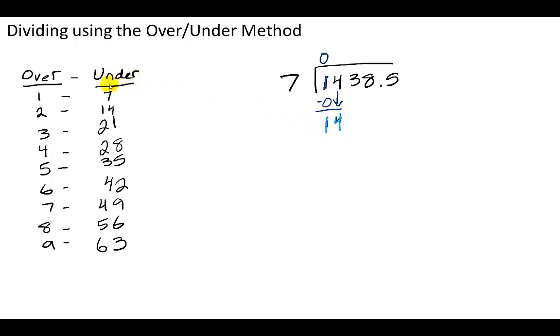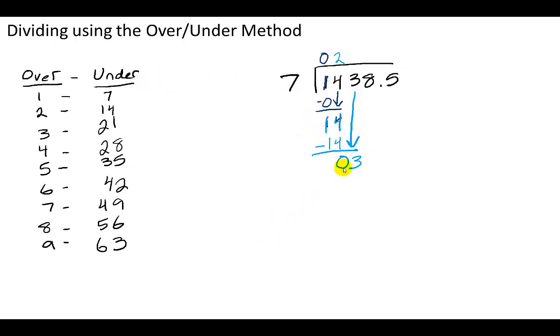So looking here, where do we hit 14 or less? Well, 14 actually shows up in our under list. So we're going to write 14 underneath the 14 and above the 4 that we brought down. Over it, right here, we're writing our 2. 7 goes twice into 14. We're going to subtract 14 take away 14, we get 0. So now we're going to bring down the next number, which is 3.